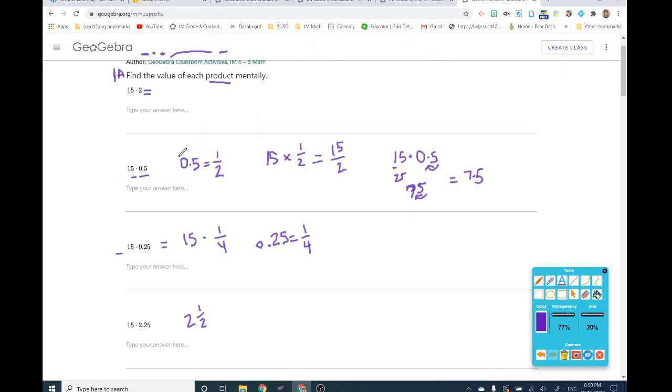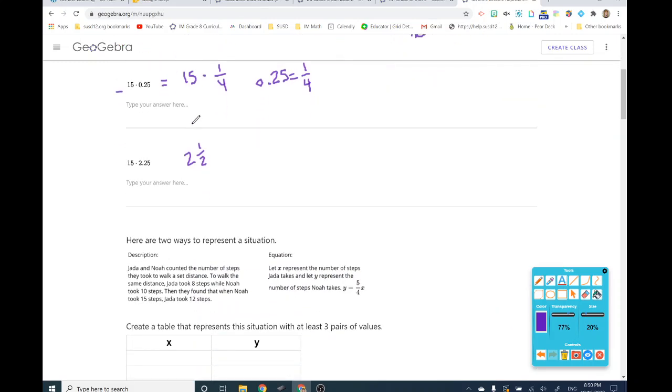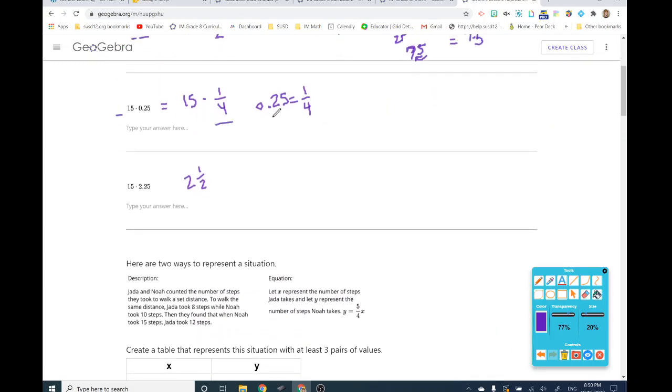Okay, if you multiplied 15 times 2, then you know that answer is 30. And if you multiplied 15 times 1/4, then you know that answer would be, let me think, 15 divided by 4.